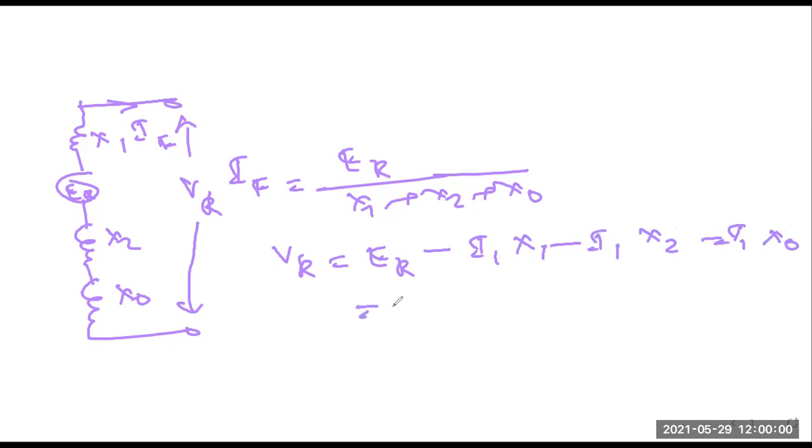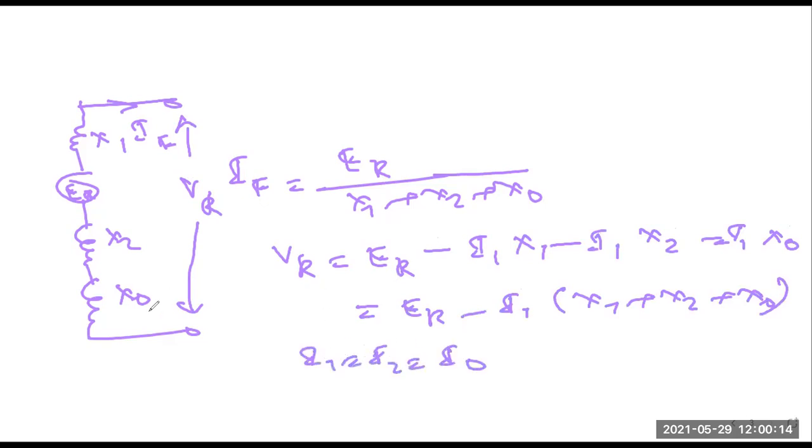So this is ER, and if you take I1 common, X1 plus X2 plus X0. Because here I1 equal to I2 equal to I0. The three sequence currents are the same because they are connected in series.